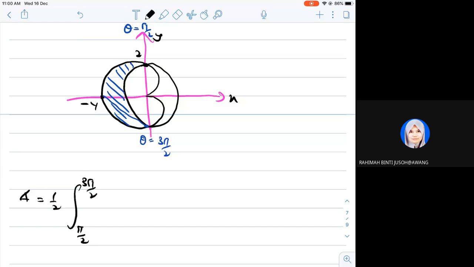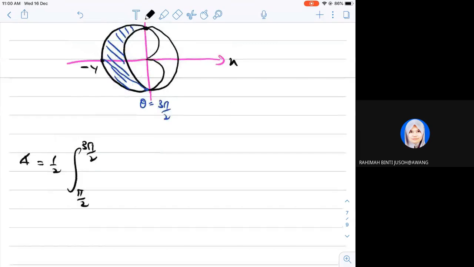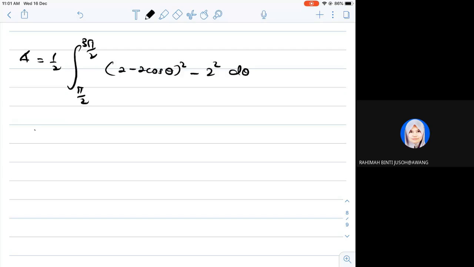Okay, right now, cardioid minus circle or circle minus cardioid? Cardioid minus circle. Yes, very good. Cardioid minus circle. So 2 minus 2 cos theta squared minus 2 squared d theta. Okay, so we will have 1 over 2, 3 pi over 2.